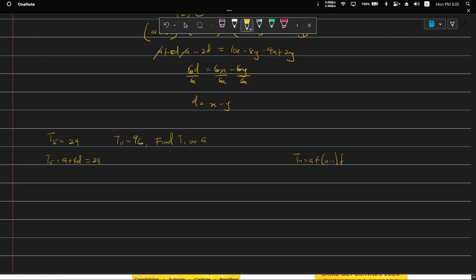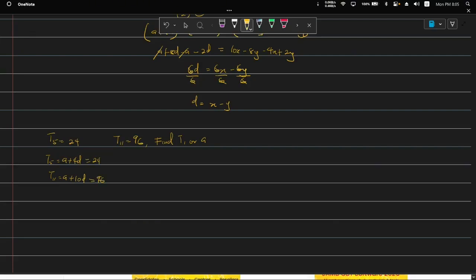Now our n has become 5, so I have T5 is equal to a plus 5 minus 1 d, which becomes a plus 4d. I hope you understand the process now, because from now on I'm going to be typing this and I expect you to understand what we are doing. So if our T5, which is a plus 4d, is 24, and our T11, which is a plus 10d, is 96, we have two equations.